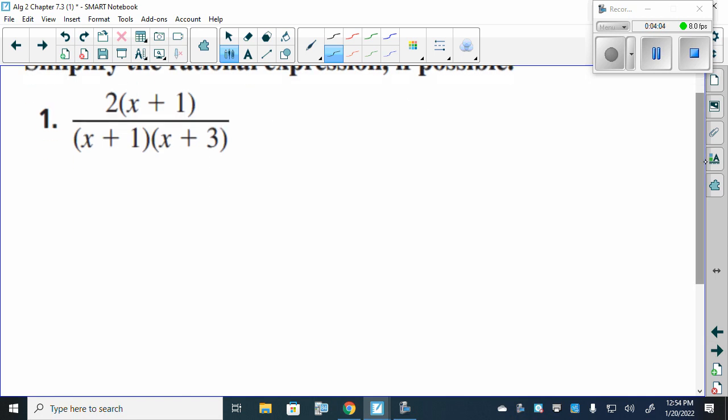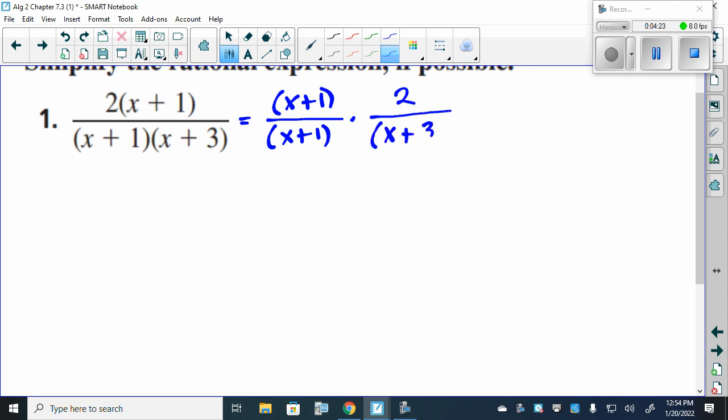Let's look at this one here. Is there anything in common on top and bottom? x plus 1. We can think of this as x plus 1 over x plus 1 times 2 over x plus 3, because whenever we multiply fractions, we multiply straight across.